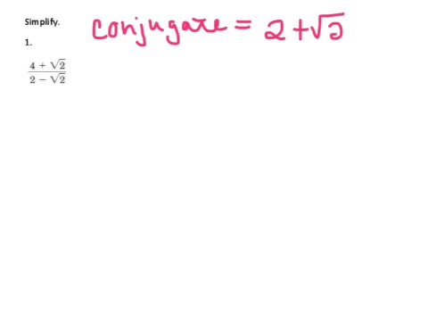So let's clearly identify the conjugate of the denominator. Since the denominator is 2 minus the square root of 2, its conjugate will be 2 plus the square root of 2. So let's multiply the numerator and the denominator by 2 plus the square root of 2.